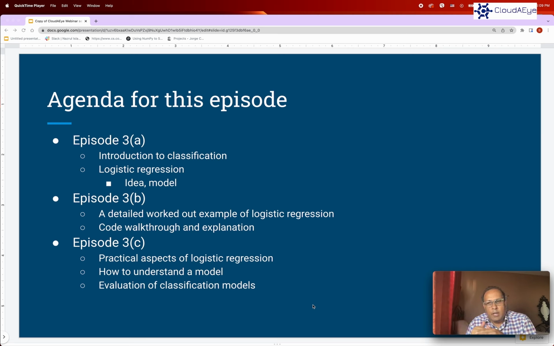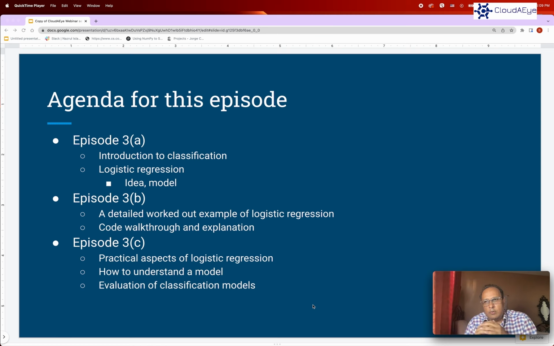And in the next episode, episode 3B, we will be working on a detailed coding example of logistic regression. We'll be doing code walkthrough and explanation. And in episode 3C, we'll be talking about the practical aspects of logistic regression, right? So when you build a logistic regression model, what other things should you be careful about?